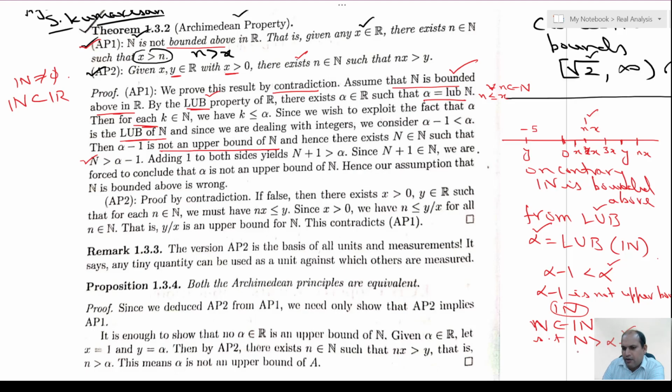So, from this, bringing the 1 from the right side to the left, N plus 1 is greater than alpha. Since N is a natural number, N plus 1 is again a natural number, and N plus 1 is exceeding alpha, whereas we have assumed that alpha is a least upper bound, meaning alpha is also an upper bound. We are getting a member from the set of natural numbers, N plus 1, which exceeds alpha. So, this implies we have a contradiction.